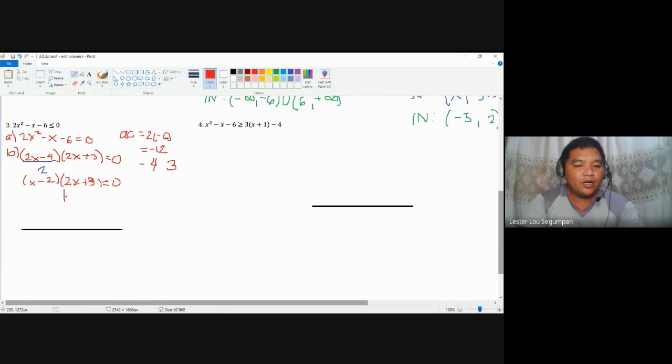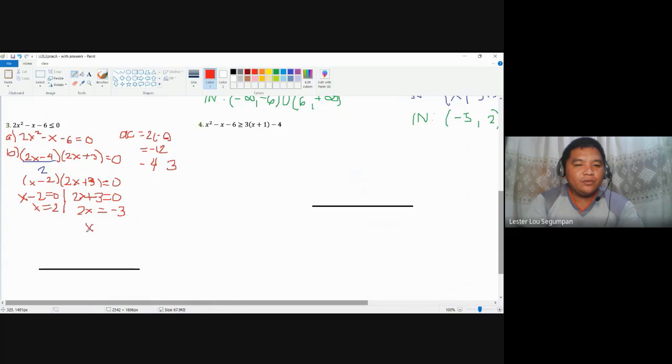So your roots are, again, x minus 2 equal to 0, so x is 2, and then 2x plus 3 equal to 0, so 2x is negative 3.